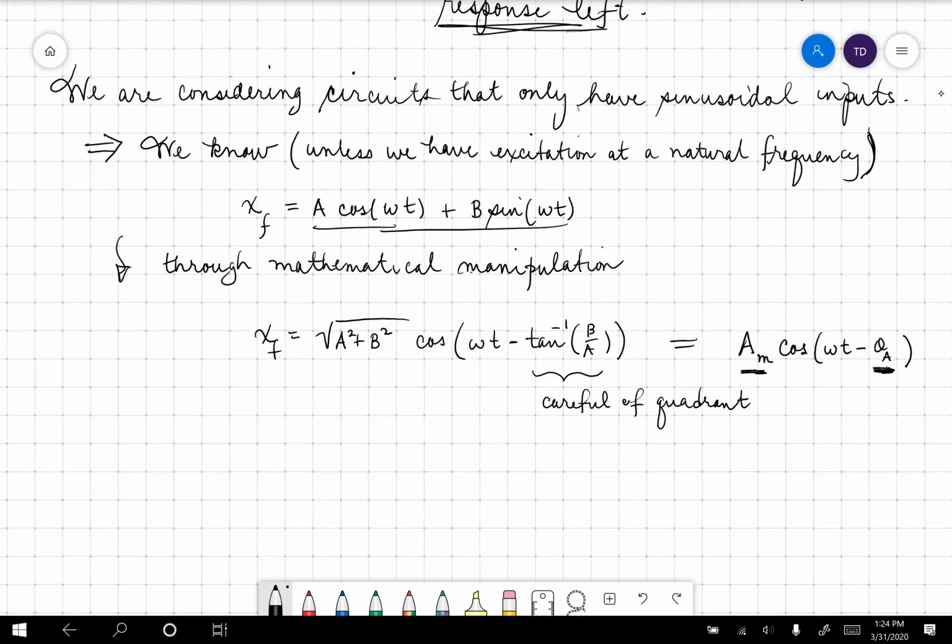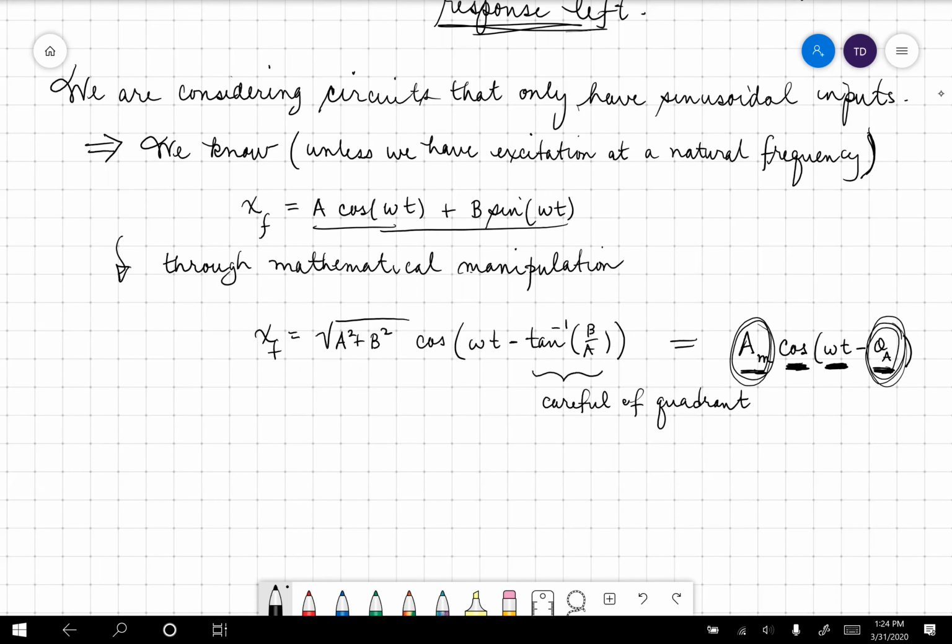And this is what I want you to understand. We're dealing with circuits, and we put a sinusoid into a circuit as an input. Everywhere in that circuit, you're going to get out a sinusoid. If you put in a cosine, it doesn't matter because we know sines and cosines are related to each other. But if you put in a cosine, you get out a cosine. You put in this frequency, you get out the same frequency, but it's going to shift in its angle, and its amplitude is going to change.